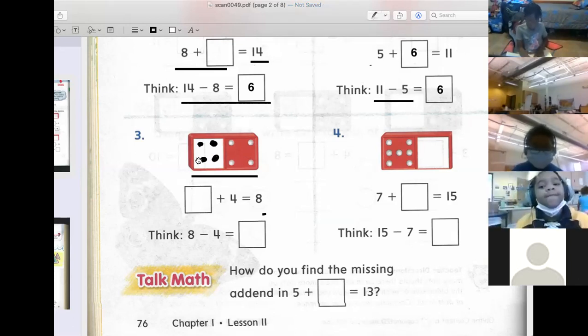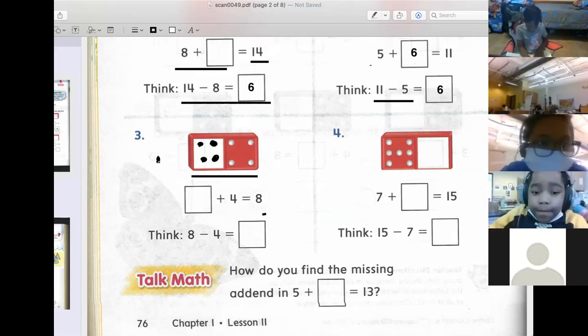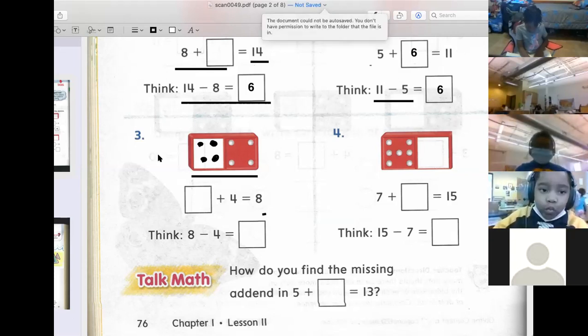Okay, so now we have 4 dots. Do we have 8 total now? Well, let's see. 1, 2, 3, 4, 5, 6, 7, 8. Yes, we do.